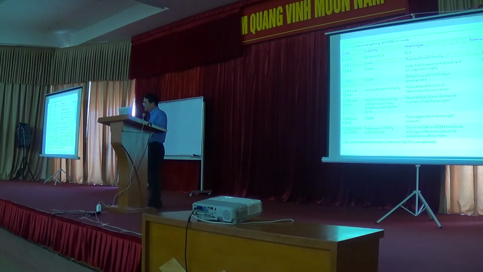So meaning that CDK2 may not be as important as CDK1 in terms of the developmental process, okay? It also tells us, because we have so many CDK family members, that CDK2's biological function, when we knock it out, could be complemented or replaced by other CDKs.